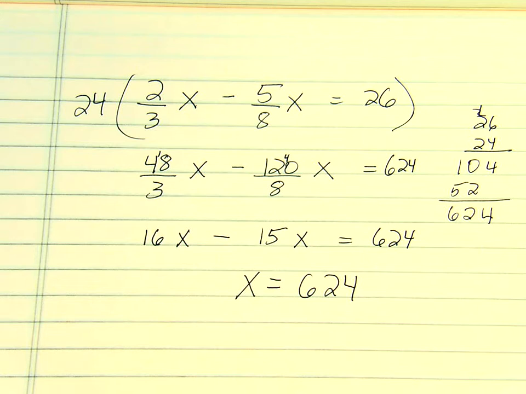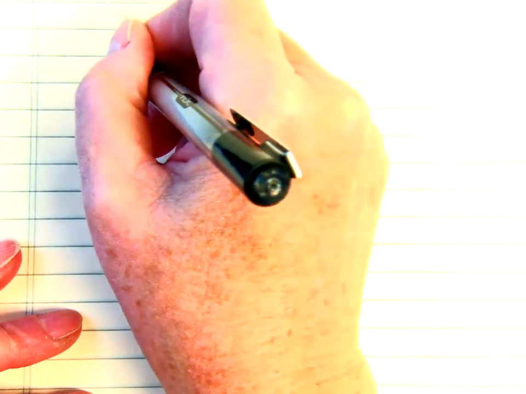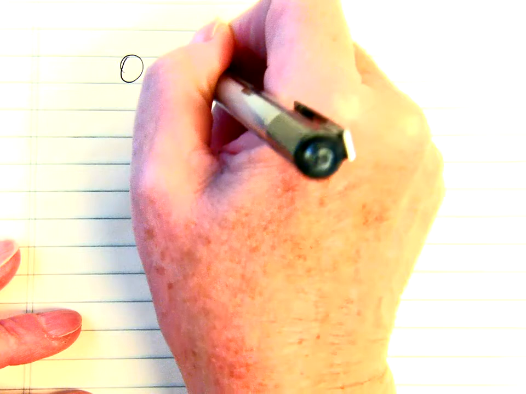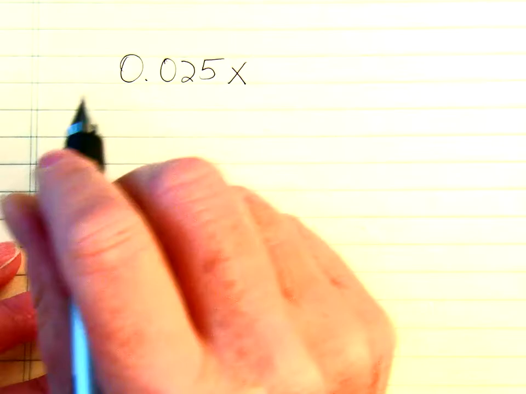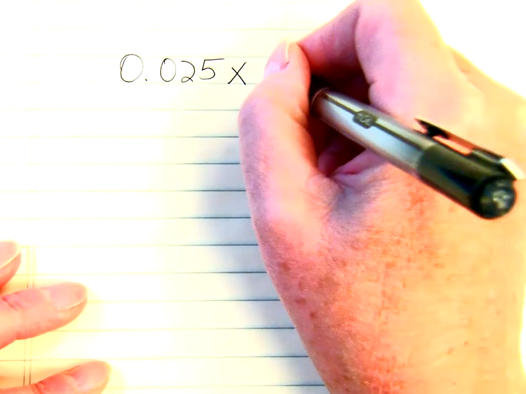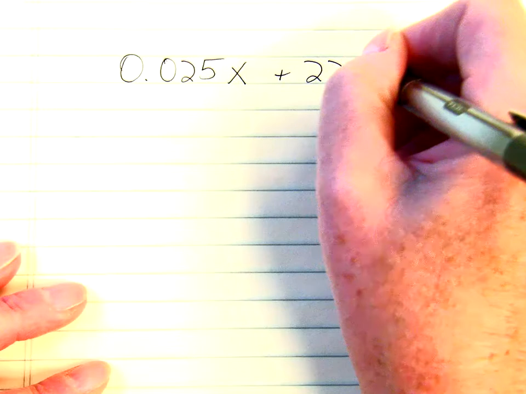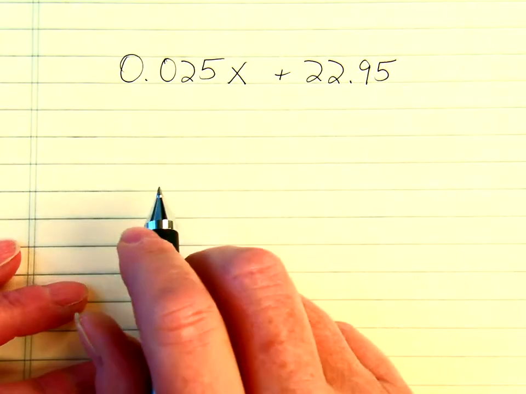Now, if we're going to work with decimals, we can also get rid of those decimals. So let's look at 0.025x plus 22.95 equals 23.65.